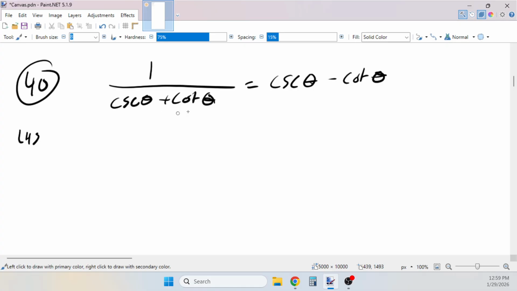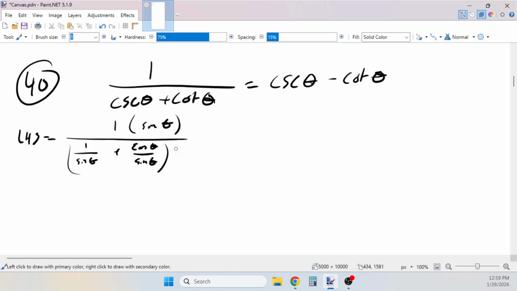So the left-hand side, I have 1 over, now cosecant is 1 over sine theta. Cotangent is cosine theta over sine theta. If I multiply the numerator and denominator by sine theta, I don't change the value of my fraction, but I remove this compound fraction. I get sine theta on top. On the bottom, I'm going to get 1 plus cosine theta.